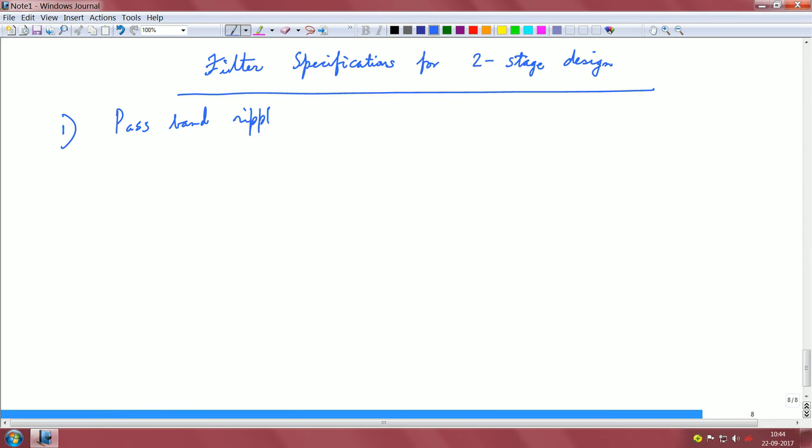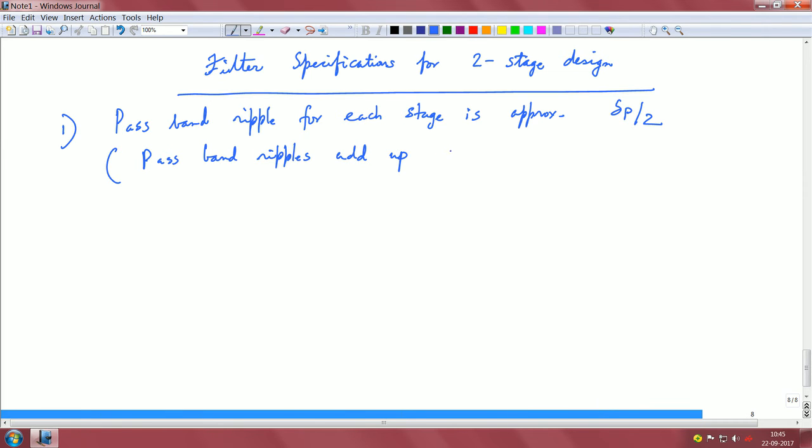Passband ripple for each stage is approximately delta p upon 2, because when you cascade the passband ripples add up, and stop band ripple only gets reduced.